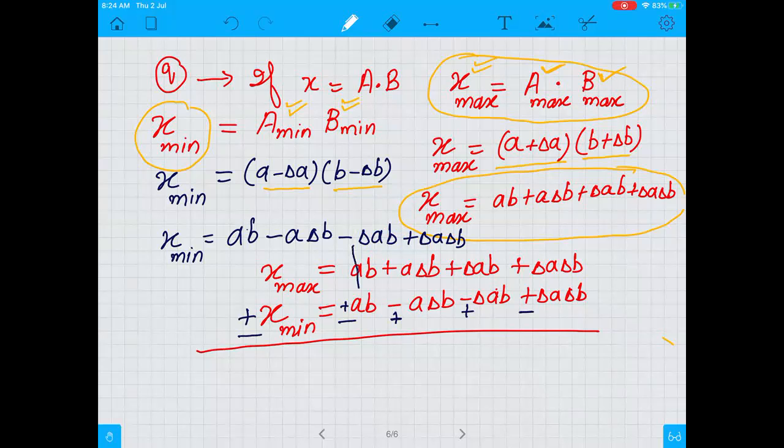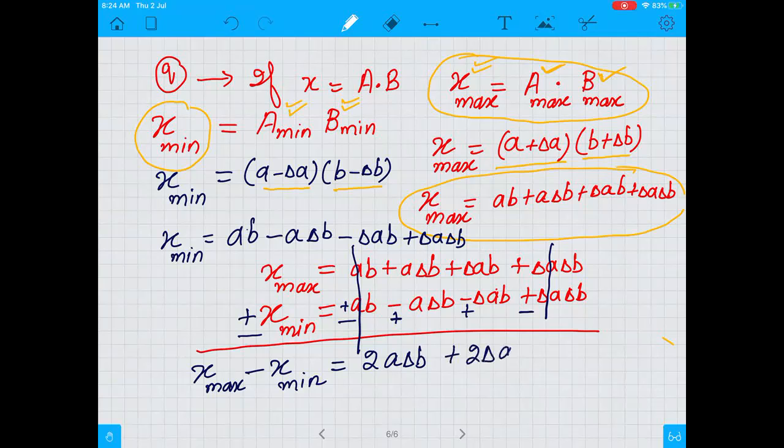Now you see some terms cancel, and the remaining thing is x maximum minus x minimum, basically the range of values of x, which will be equal to 2 times A delta B plus 2 times delta A B.